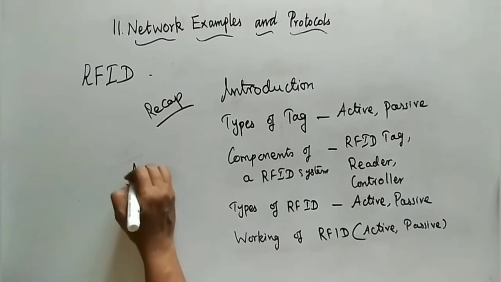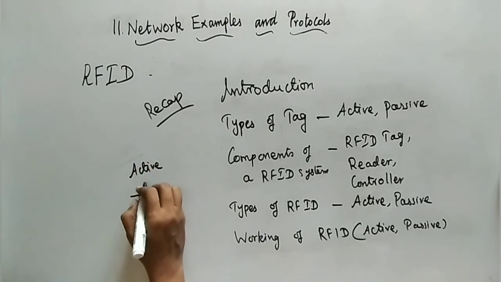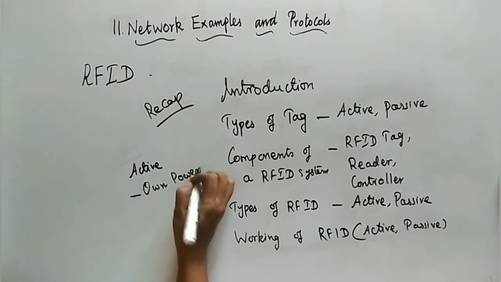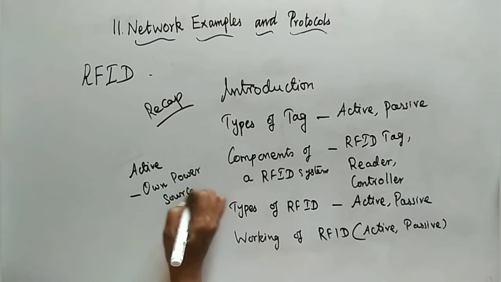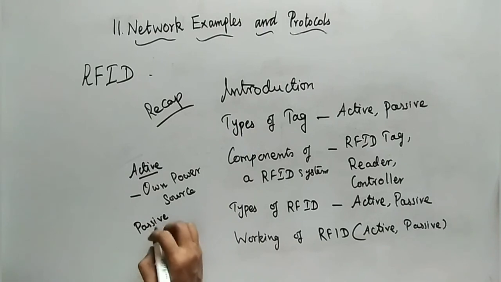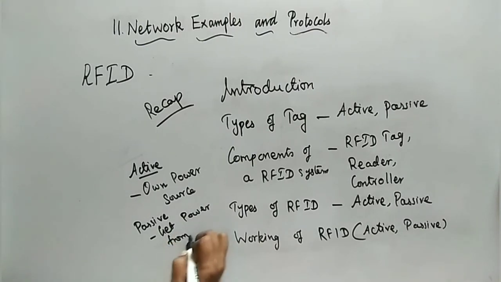Yes, what do you mean by active? Active can produce its own power source. It will be having its own power source. But in the case of passive, it is going to get power from an antenna.